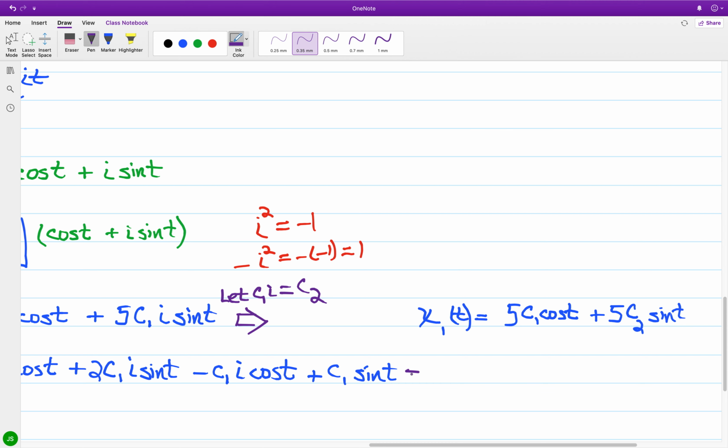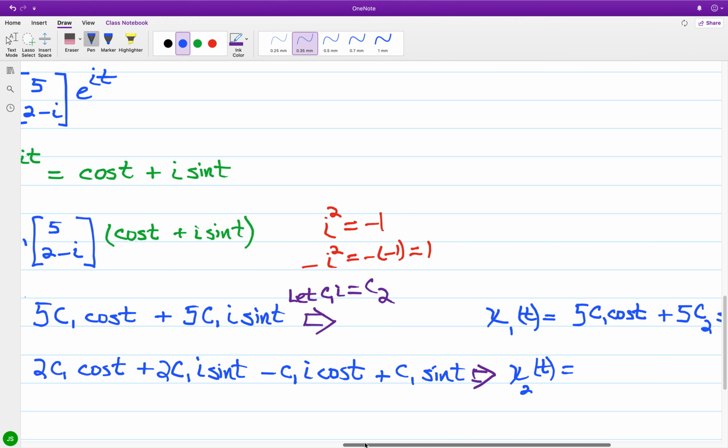Again, letting c1i be equal to c2, and just gathering what we have here.